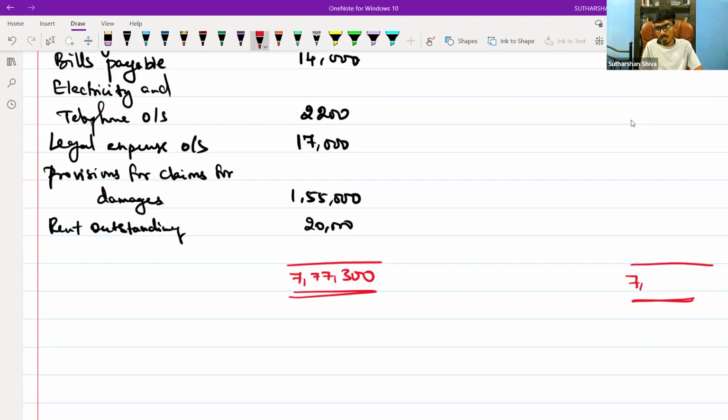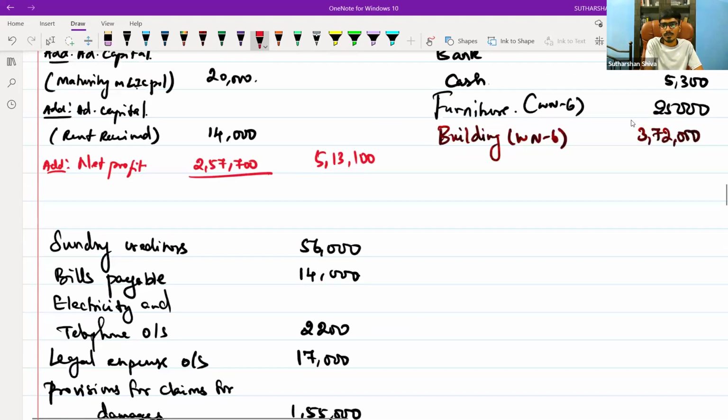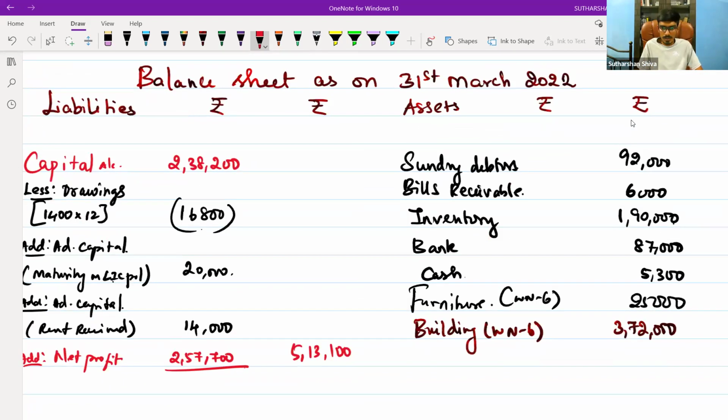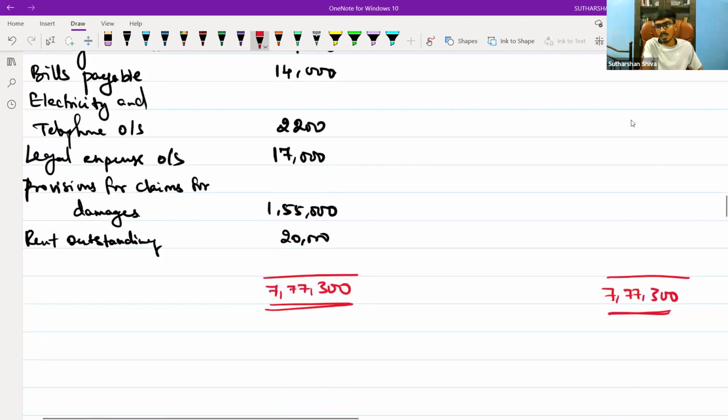The same I will copy and paste here and then do a reconciliation. 92,000 plus 6,000 plus 1,90,000 plus 87,000 plus 5,300 plus 25,000 plus 3,72,000. It is going to be 7,77,300. Yes, I have found it out. We have also completed this question.